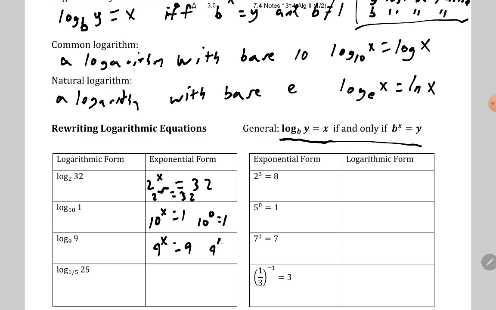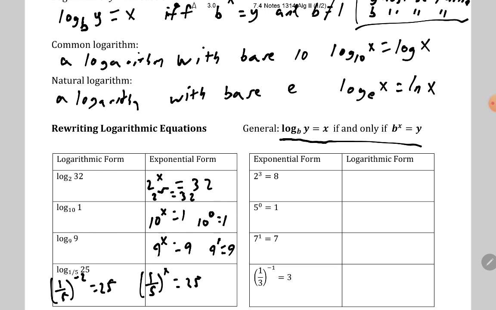And that's 9 to the 1st. 1/5, that's our base, to what power equals 25. Now if you've gotten used to your exponents, you'll notice that 1/5, I'll write it right here, 1/5 to the negative 2 is actually equal to 25.